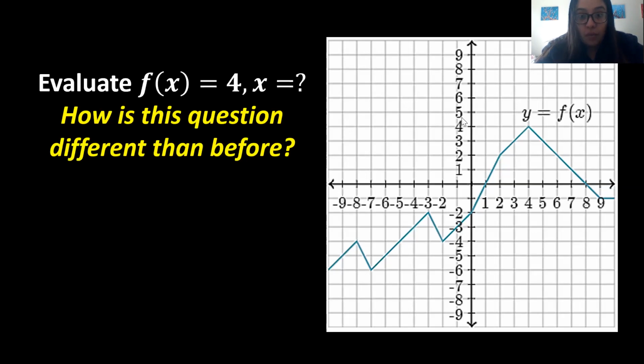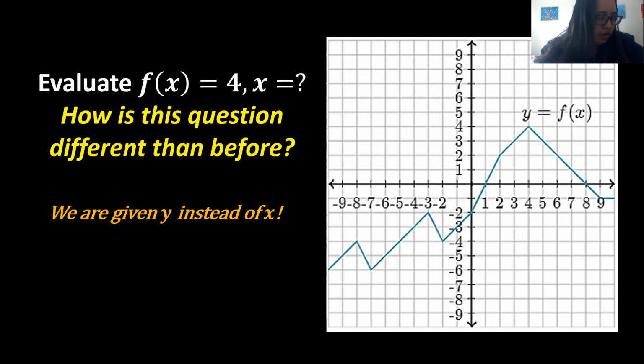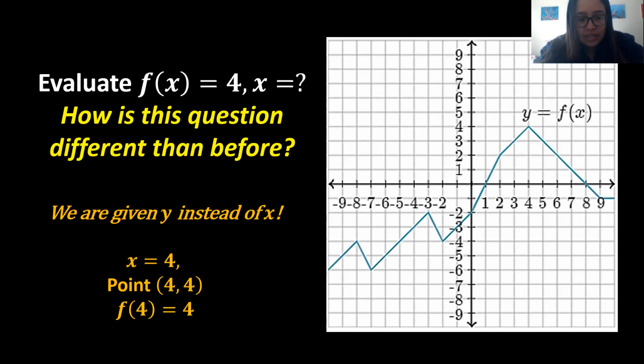So I know Y is 4, which was given to me. But now I need to go down and see what the X value is. And we should see that the X value here is 4. So now we know that when Y is 4, X is 4, which should give us the point 4, 4. Take a second to digest what I just said. And remember that we are given Y here instead of X.